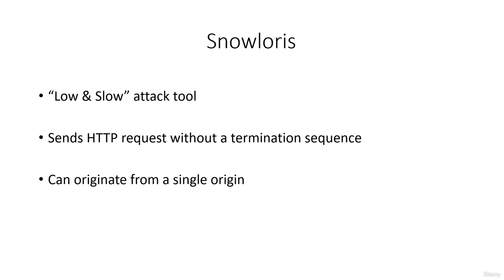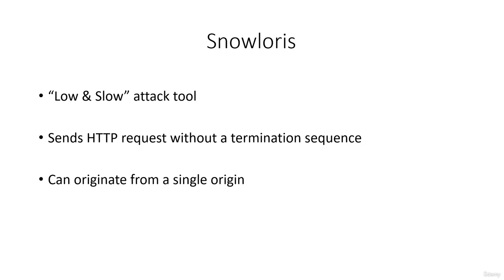So the target website is going to sit there leaving the connection open, waiting for the request to be completed, but it never is. The target machine just sits there waiting and waiting and waiting for the termination sequence, but it never arrives.